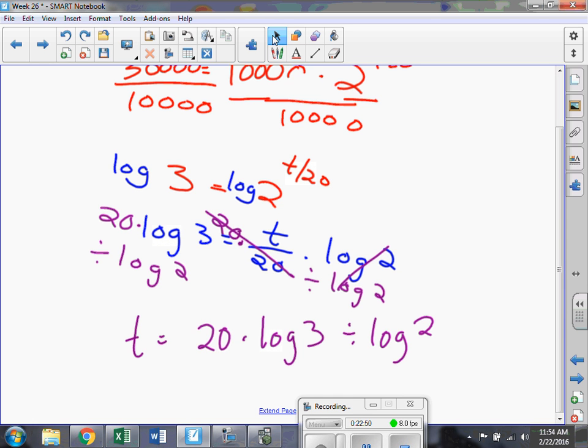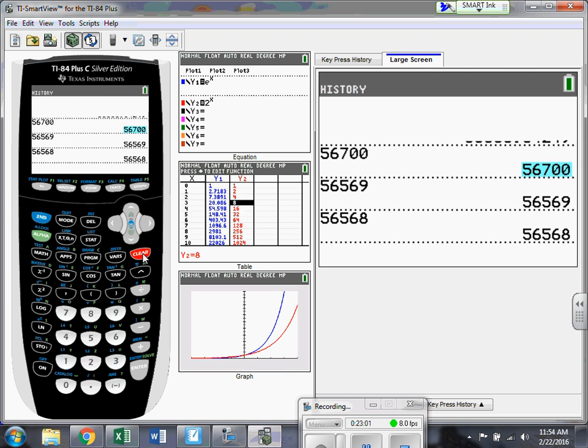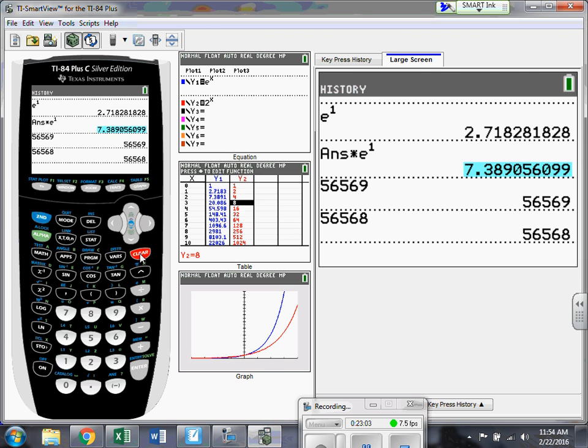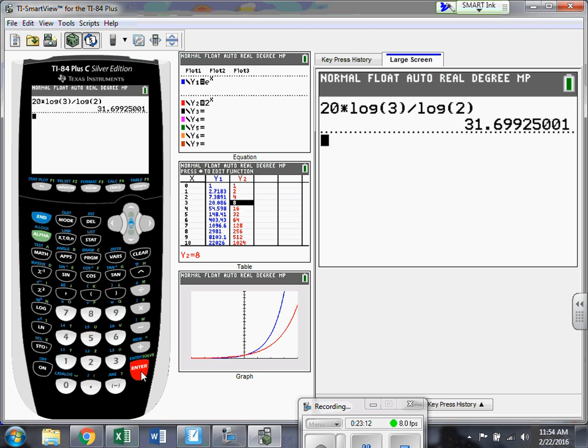Using your calculators, what is 20 times the logarithm of 3 divided by the logarithm of 2? 31.699250001. So where do we round it? 31.7 if we're rounding to 3 significant digits.